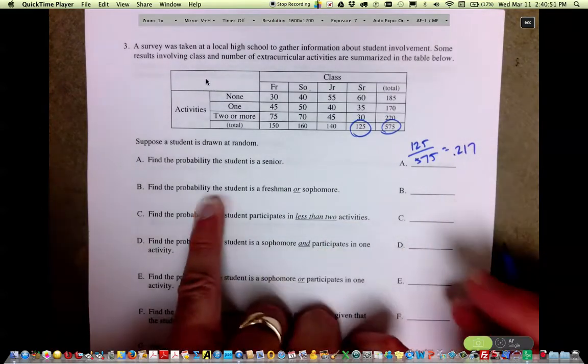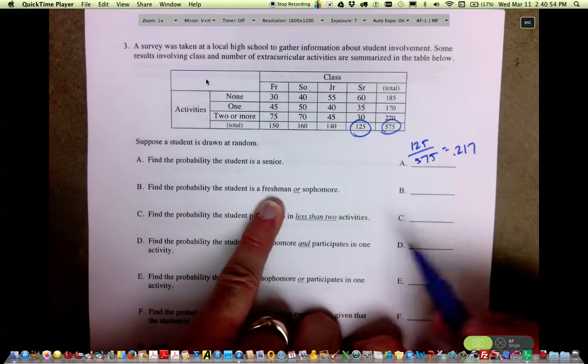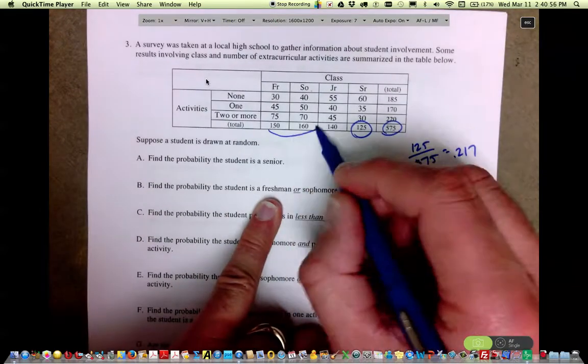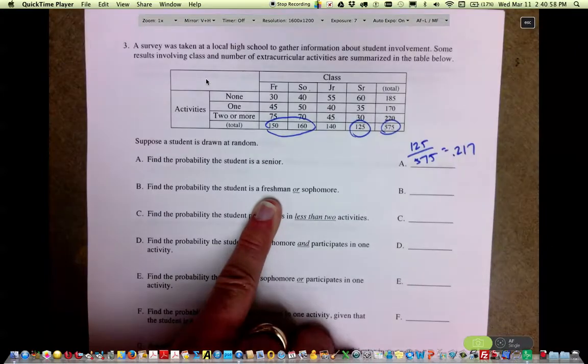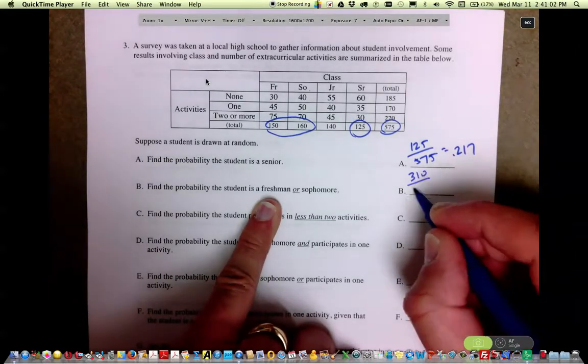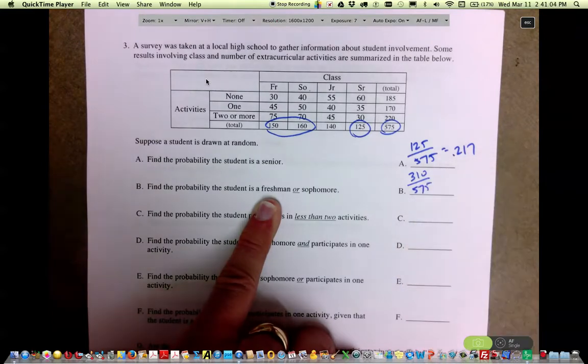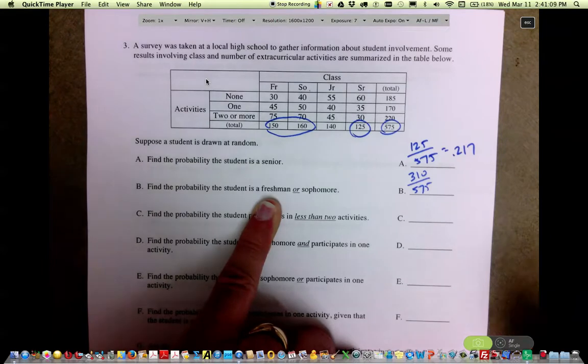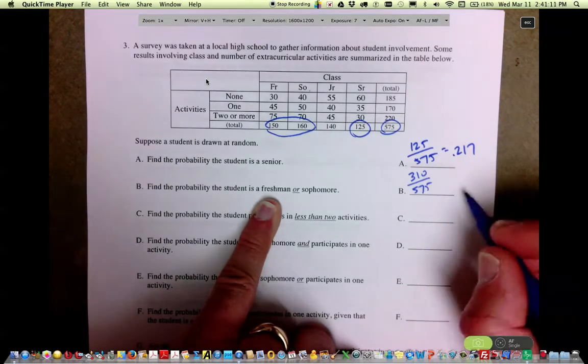Okay, find the probability a student is a freshman or sophomore. All right, so freshman or sophomore, there was 310 of them out of 575, and 310 out of 575, that is about 53.9%.